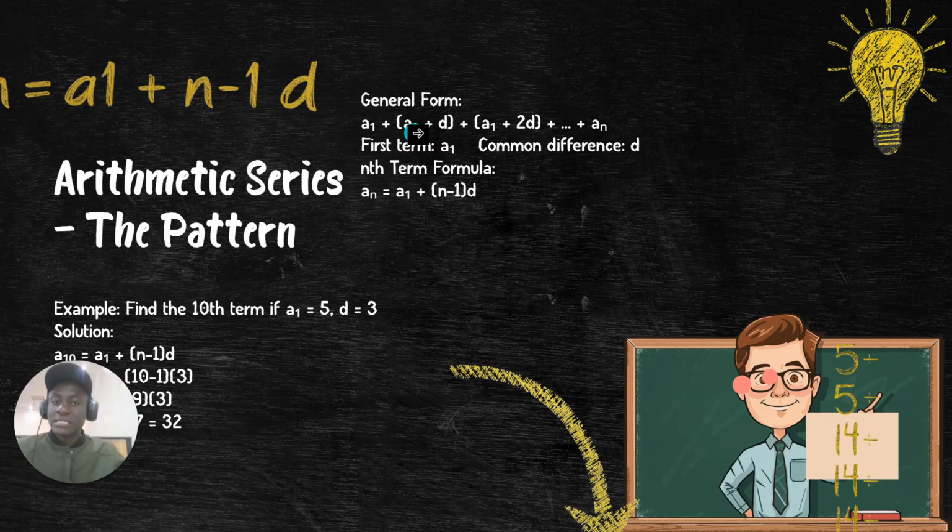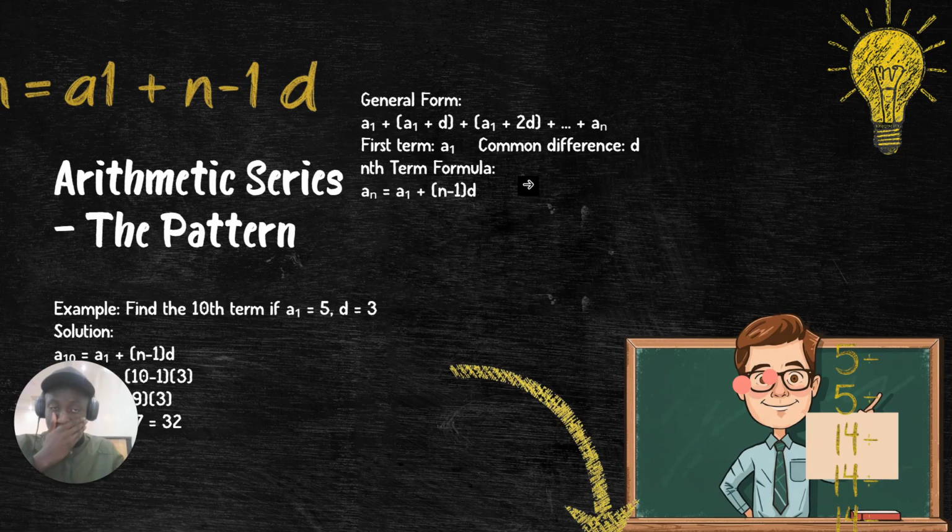The first term plus D, the common difference, gives us the second term. The first term plus 2D, you multiply D by 2, gives us the third term, and so on until we reach AN. AN is the nth term, and we are going to see how we can write the nth term.